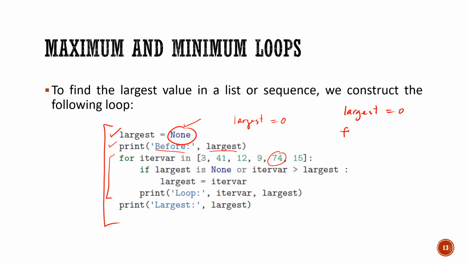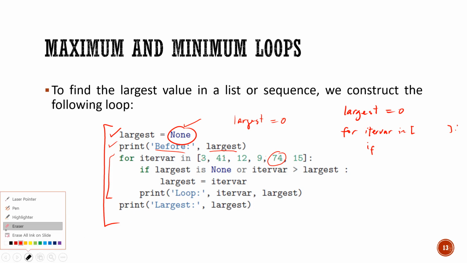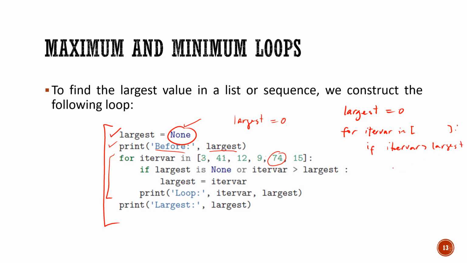And then I have for iter var in a list of numbers. Okay? And then what we did is, if iter var is greater than the largest, then what you will do is largest is equal to iter var.